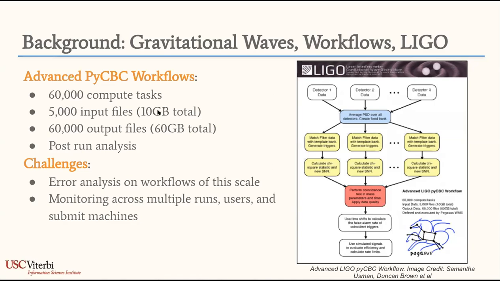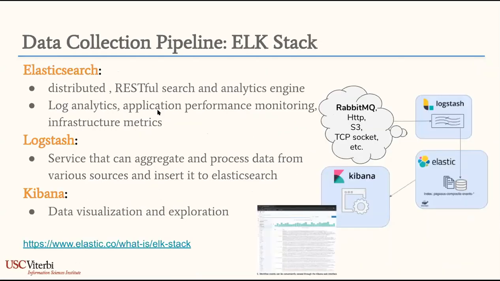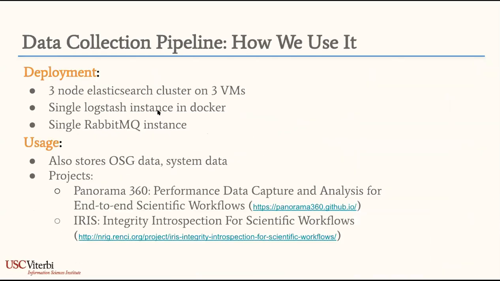In our own setup, we have 3 Elasticsearch clusters on 3 VMs, a single RabbitMQ instance on some other server in a Docker container, and a single Logstash instance in another Docker container. I'm not sure exactly what kind of hardware it's running on. That would be something that we do have to explore, for sure.